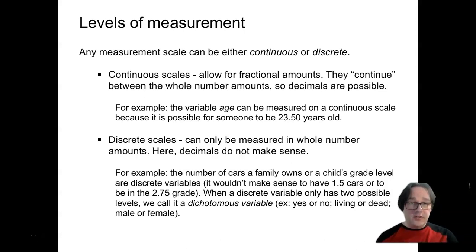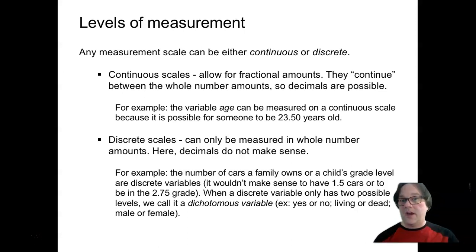So when a discrete variable only has two possible levels, we call that a dichotomous variable. So something like a yes or no, or living or dead, or male or female, those would be dichotomous variables.